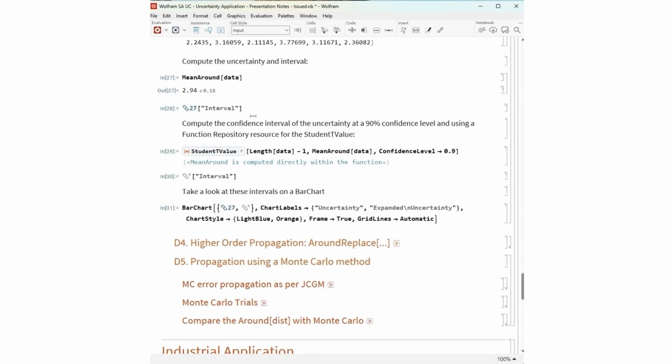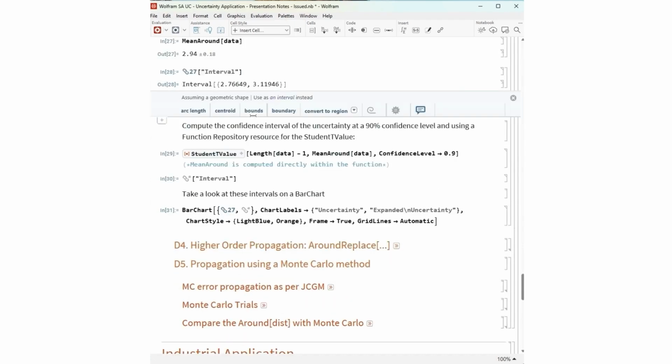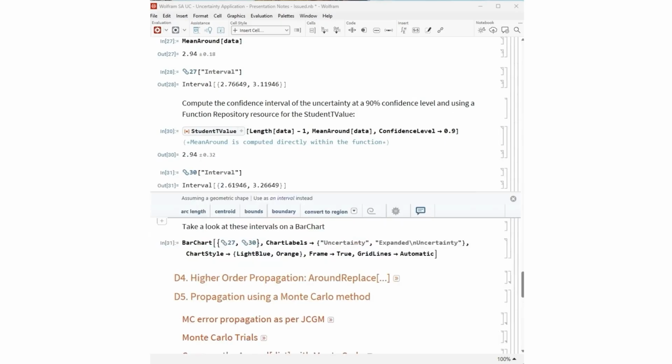You can also compute, let's extract the interval for that. This could be applied, for example, with a confidence level-based uncertainty and using a Function Repository resource like the Student t-value to compute the t-value at the same time as the MeanAround is being computed, for example, like that.